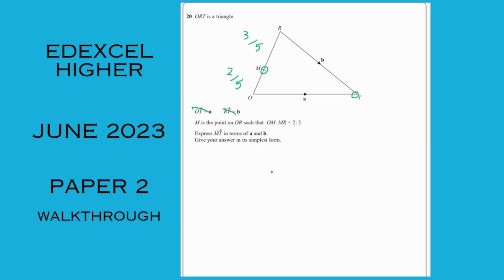But no matter which direction you choose to go, you're going to need the vector O to R or R to O. Let's go O to R. To go from O to R, it will be A minus B. So to go from M to R, that will be 3/5 of that.